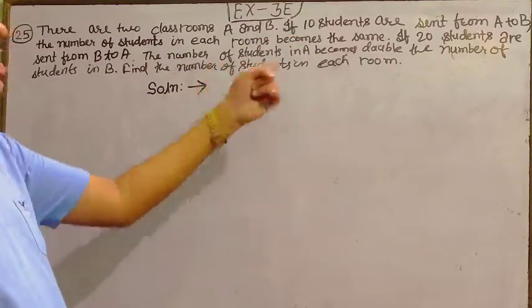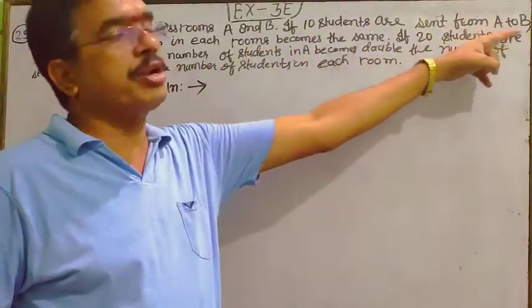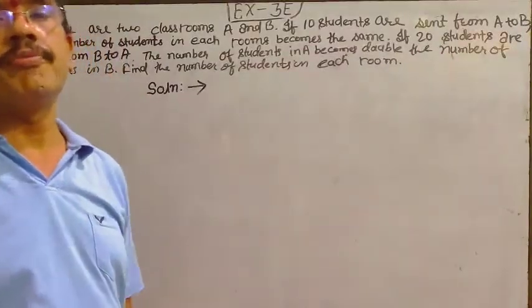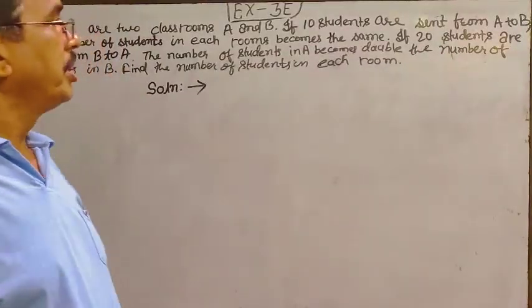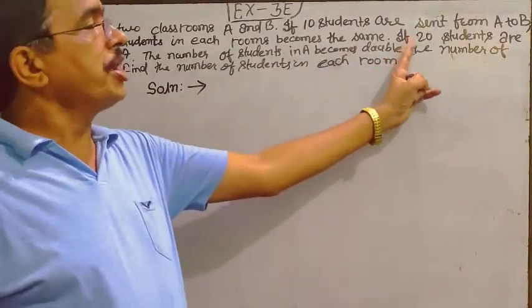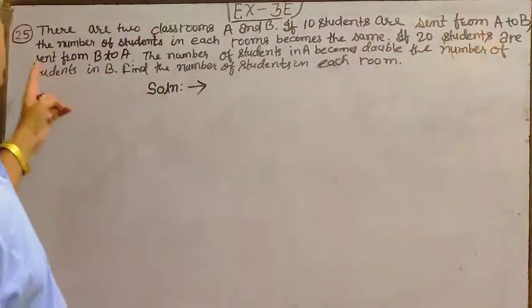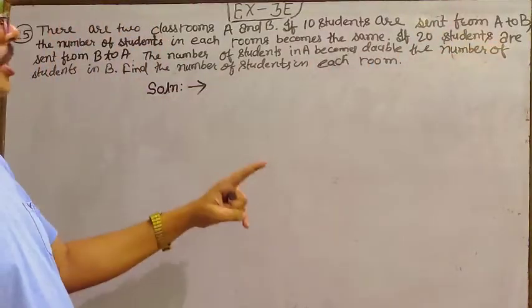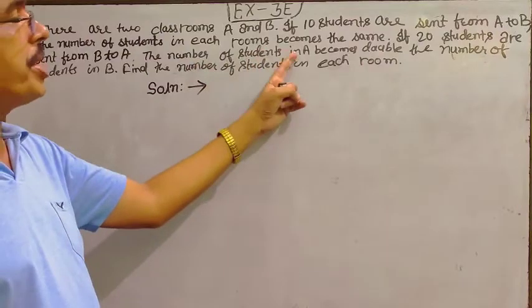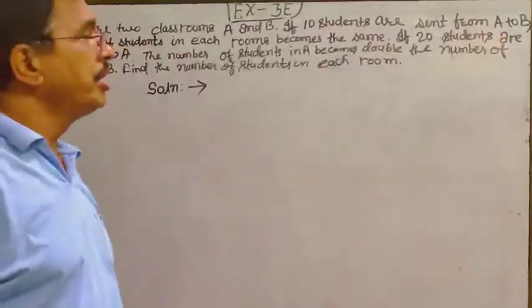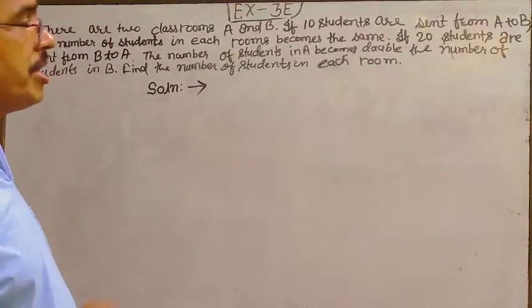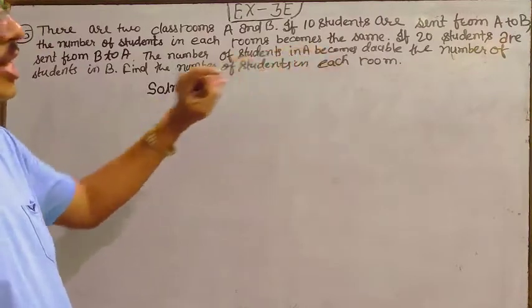That means when 10 students are sent from A to B, then the number of students in both classes is equal. The second condition: if 20 students are sent from B to A, then the number of students in A becomes double the number of students in B. So what is the number of students in each?